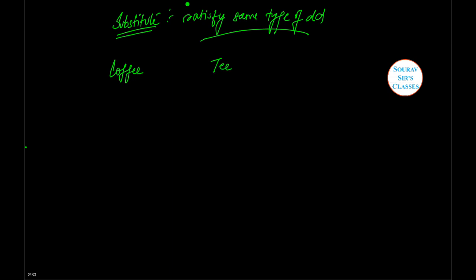Now, say this is the price of coffee, this is the quantity demanded of coffee. Say this is the price of tea and this is the quantity demanded of tea. Now, when the price of the coffee increases, according to law of demand under ceteris paribus, the quantity demanded for coffee will fall.